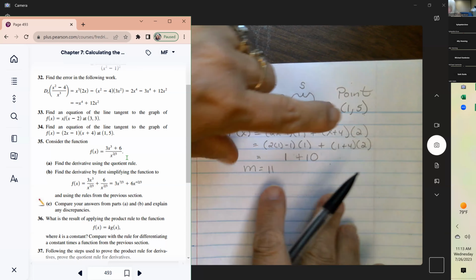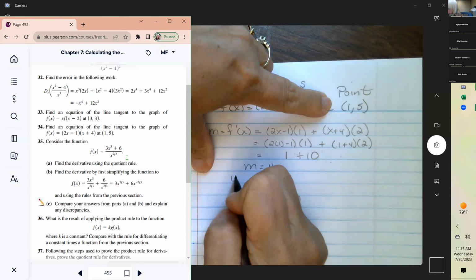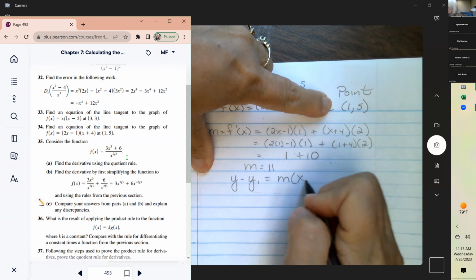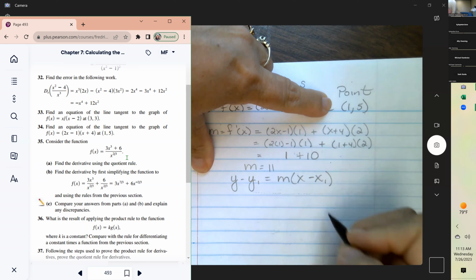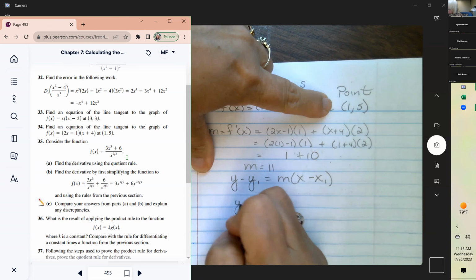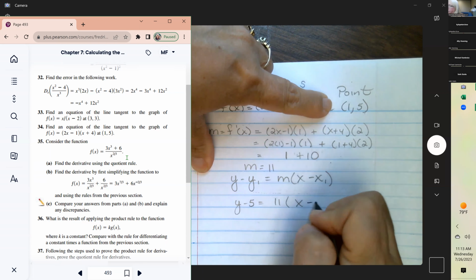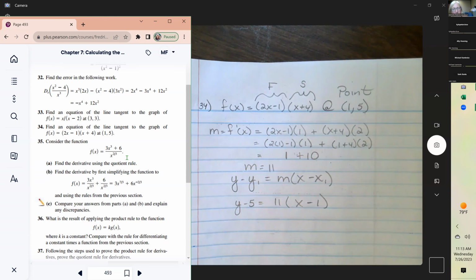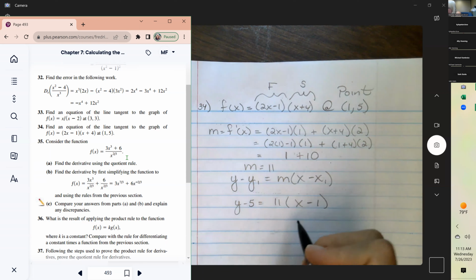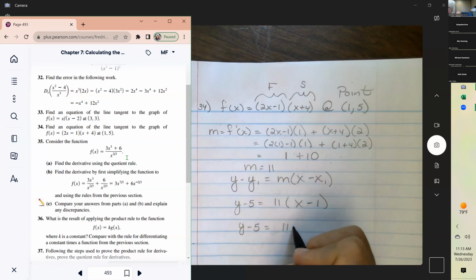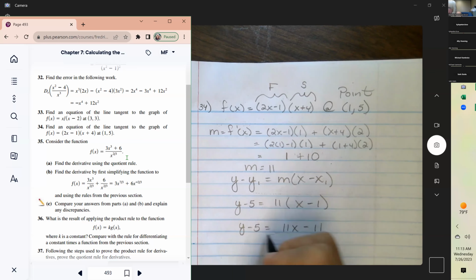We have a slope, we have a point. y minus y1 equals m times x minus x1. y minus 5 equals 11 times x minus 1. Distribute the 11. 11x minus 11, and then add the 5.